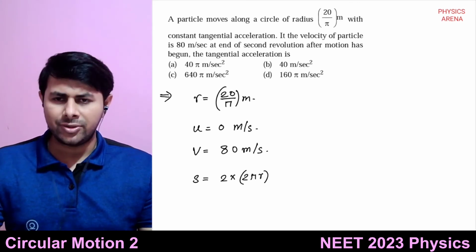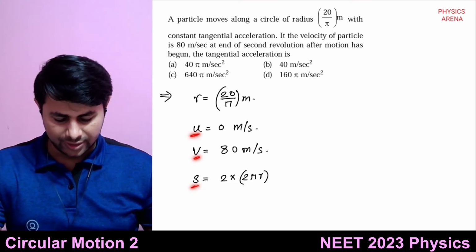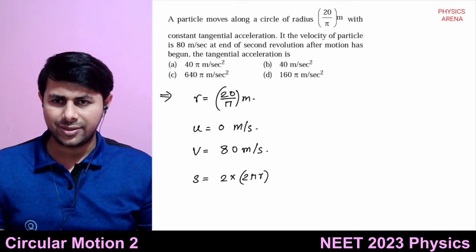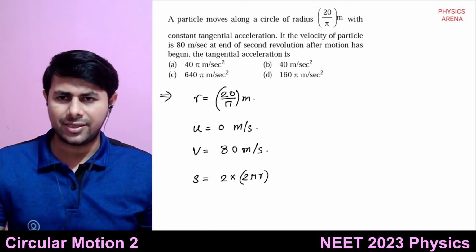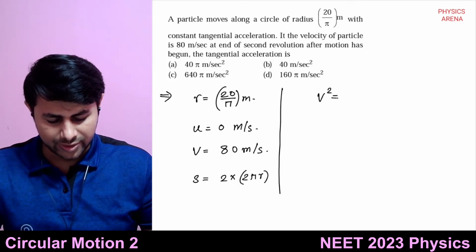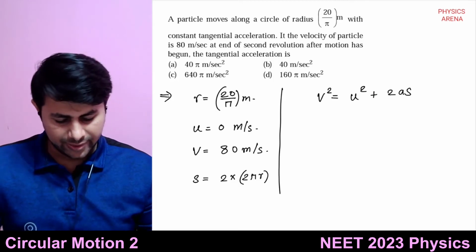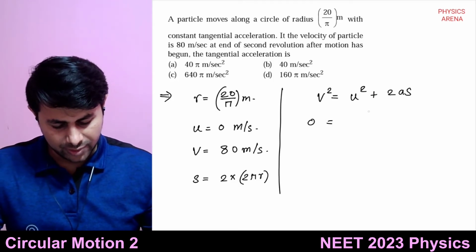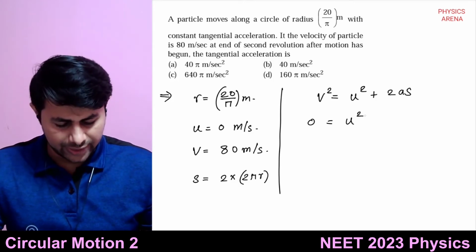So which formula will you use? You have initial velocity, you have final velocity, you have displacement, and you want to find the acceleration. So you will use v square equals u square plus 2 times a multiplied by s. So let's keep it as it is, u square plus 2as.